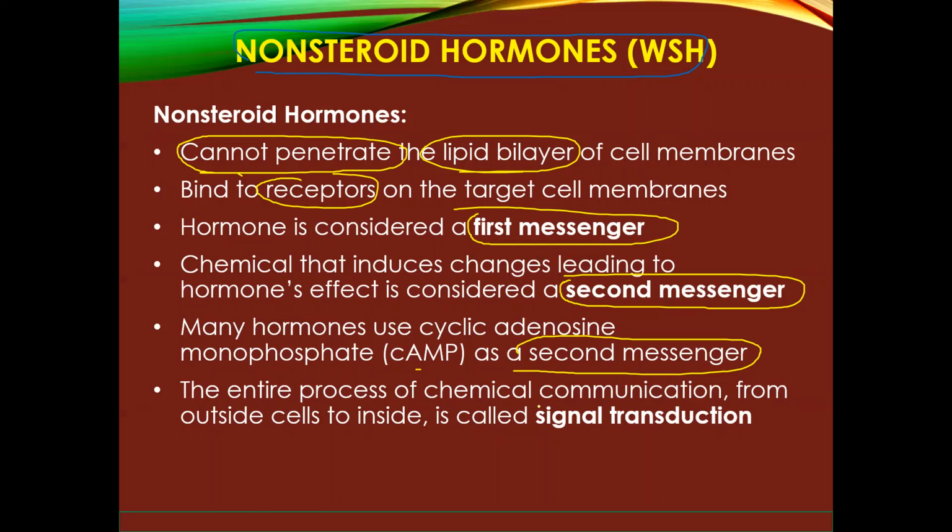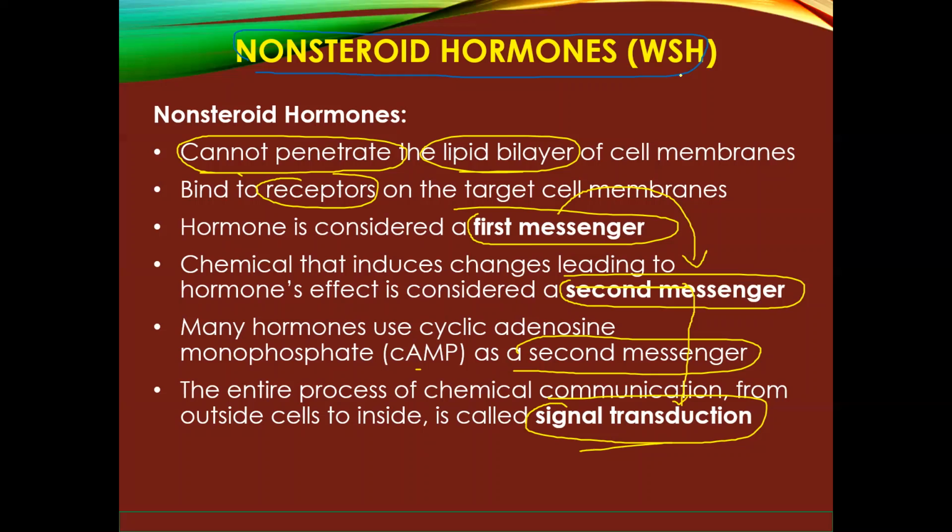And this second messenger then will activate the proteins inside the cytoplasm. It's called the protein kinase. And the whole process over here, from the first messenger into the second messenger, and then the protein kinase, is called the signal transduction.